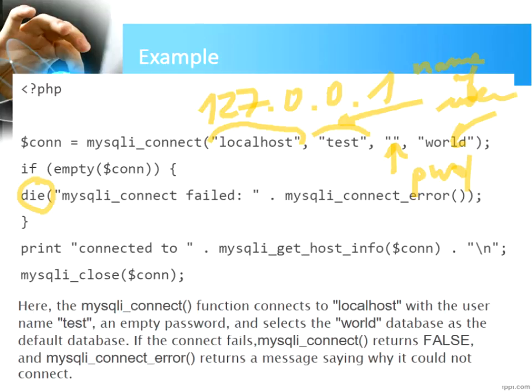Die prints this error message, and after that exits the application. Otherwise, we will print connected to with mysqli get host info. Okay. Any questions about MySQLi? Here is the name of the database, the name of the database.